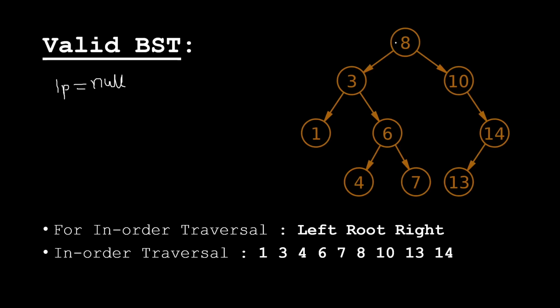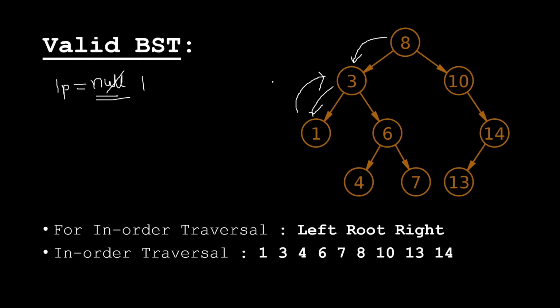For 8 we'll go to its left subtree. 3 has a left subtree, so we'll go to 1. 1 doesn't have a left subtree. So now we can verify if there is something we have visited before or not. We haven't visited before because last printed is null, so there's no need of verifying anything. We can directly set last printed equal to 1 and we can go back.